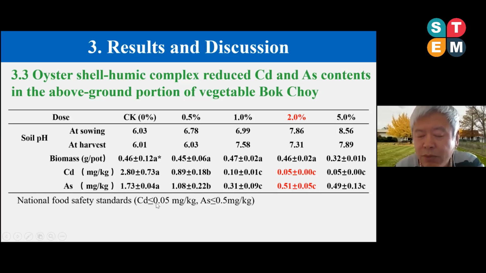The cadmium is 0.05 ppm, arsenic is 0.5 ppm. So the soil before remediation can grow vegetables, but the product does not meet the safety requirement. And after adding the soil amendment, we can get values close to the safety standard.